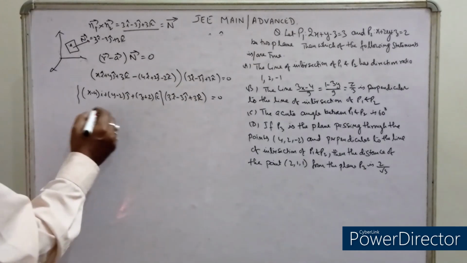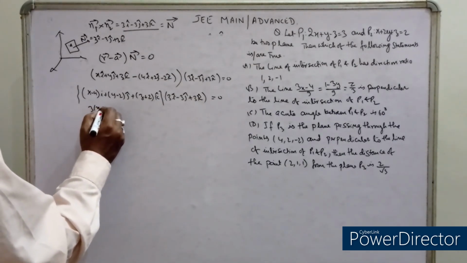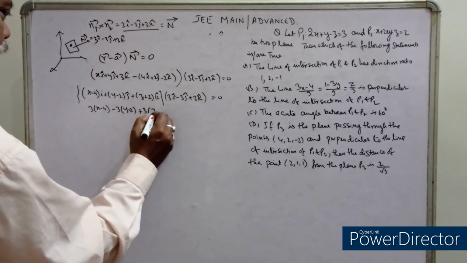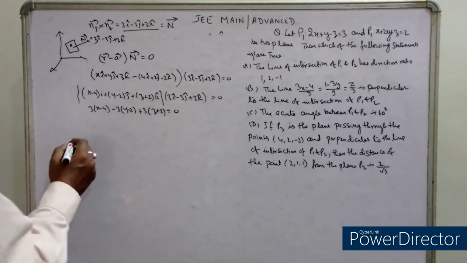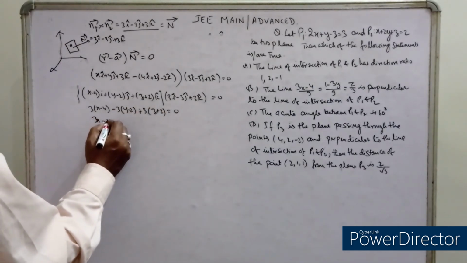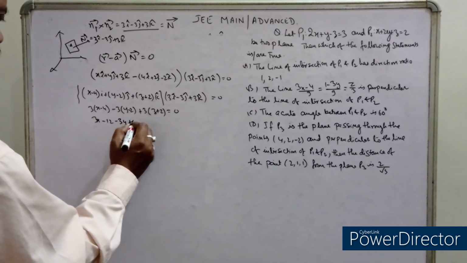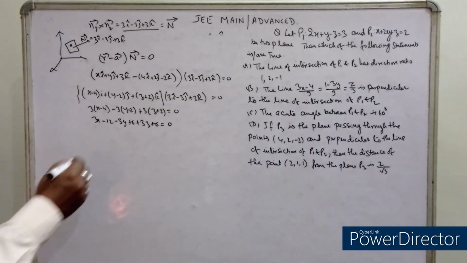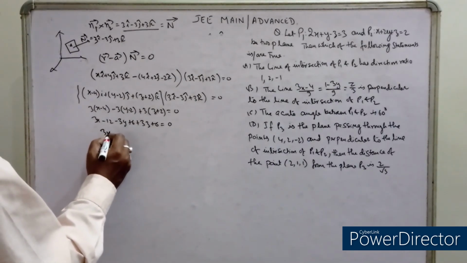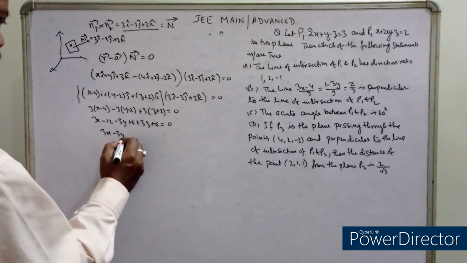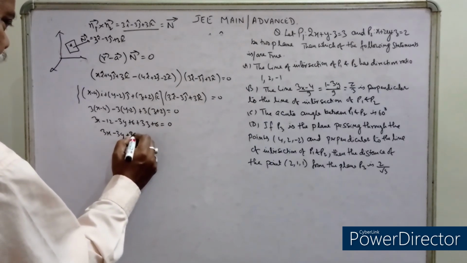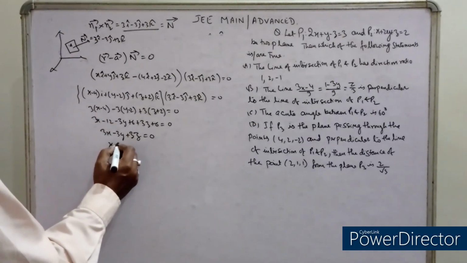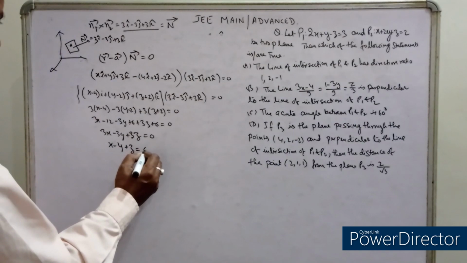So this comes out to be 3(x minus 4) minus 3(y minus 2) plus 3(z plus 2) equal to 0. So this is 3x minus 12 minus 3y plus 6 plus 3z plus 6 equal to 0. So this is 3x minus 3y plus 3z equal to 0. So again x minus y plus z is equal to 0.